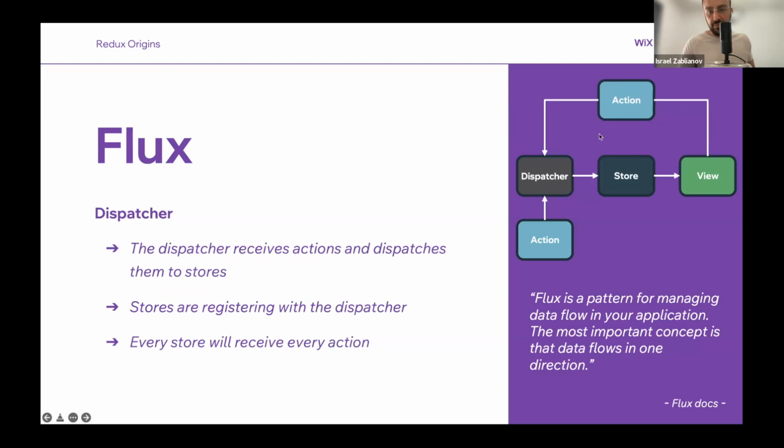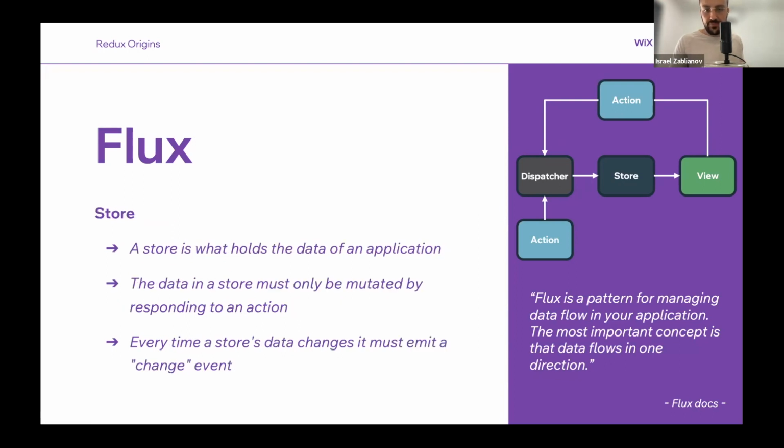The dispatcher is the event emitter that takes this action and fires it, emitting it to whoever listens to it. It's a very simple event emitter. That's it. In our case, the store will register to the dispatcher. The dispatcher will emit the action, and the store will get this action.